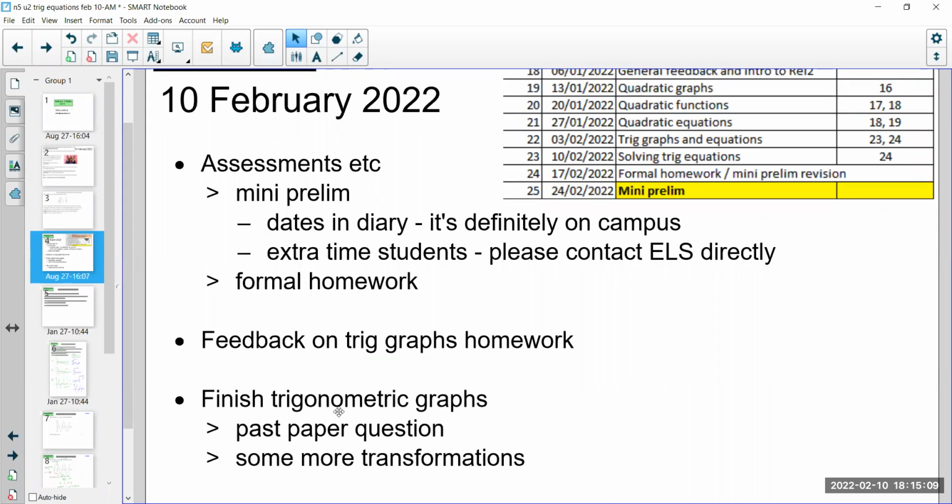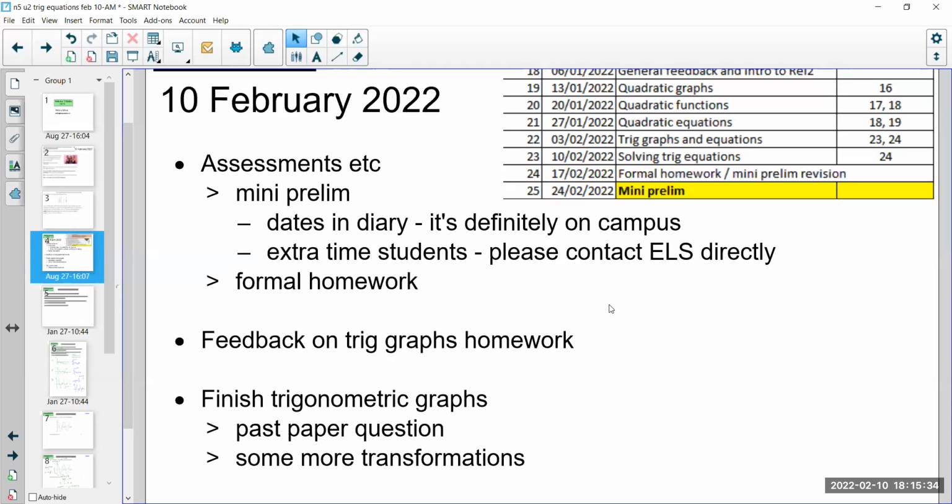We looked at finishing the trig graph past paper question, and I'm just going to mention something about transformations. Some extra lessons on transformations will come live later tonight so that you get a better idea, not just what I'm going to be talking about today. So any questions so far?